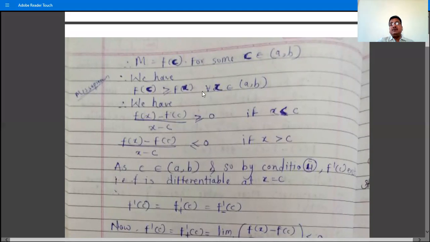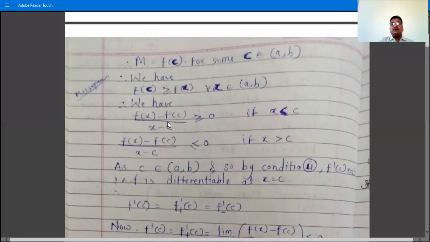If x is less than C, then x minus C is negative because x is smaller than C. So if we subtract a larger quantity from a smaller quantity, the answer is negative, and negative divided by negative is greater than 0.